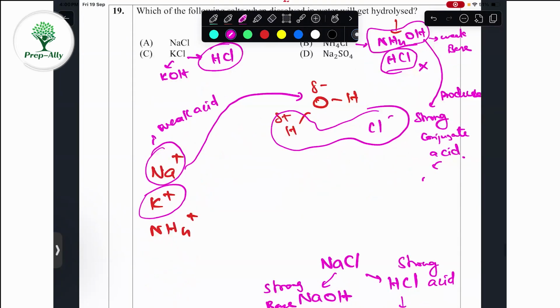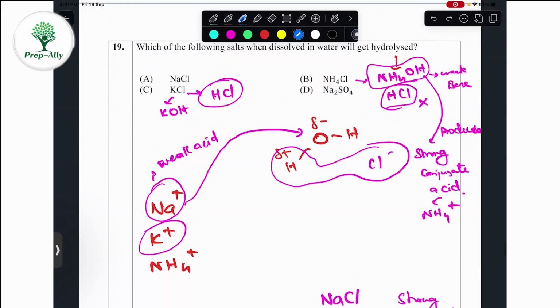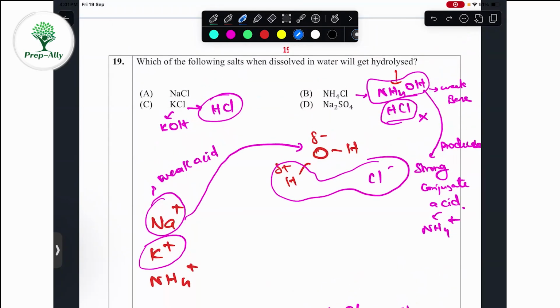Which is nothing but NH4 plus. This NH4 plus is strong and it will be able to cleave the water molecule easily. So I can say the only ion that can undergo hydrolysis here is NH4 plus ion. So answer is going to be B.